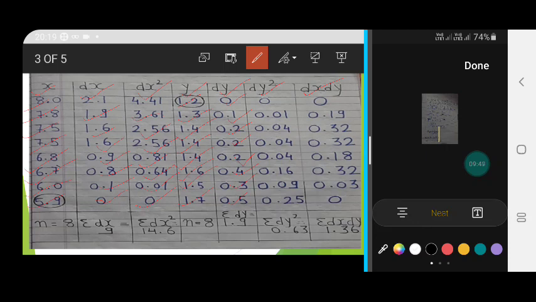Next is dy square. How are we going to calculate dy square? We simply take the square of the values given in the dy column.